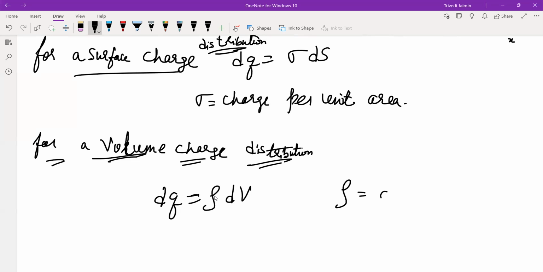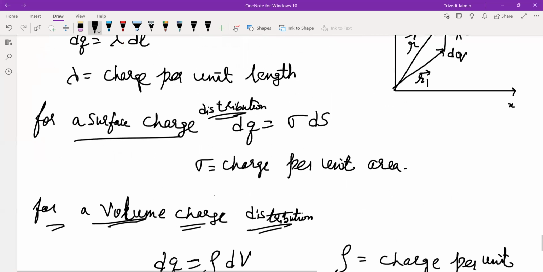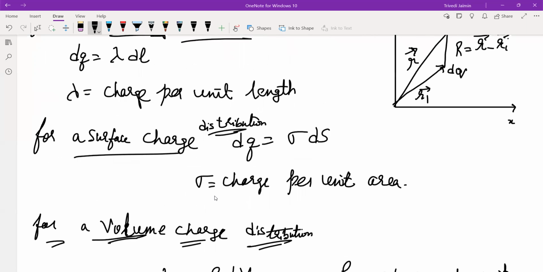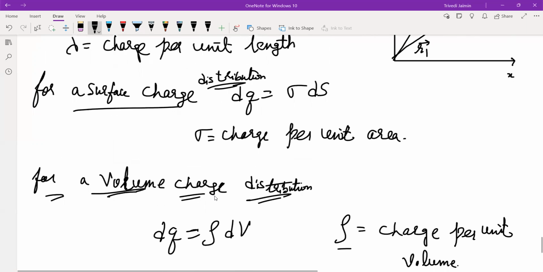So rho will be charge per what? Unit volume. Exactly. Charge per unit volume. You write till here, I'll just come with my book, and we'll do some numericals.